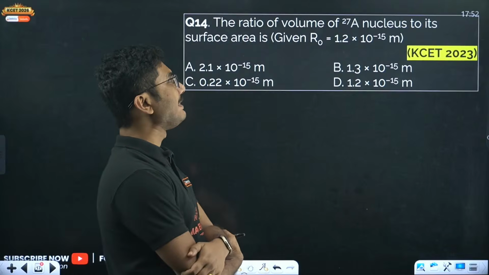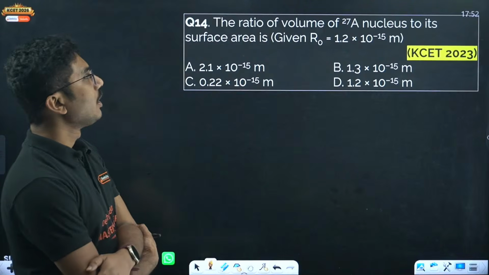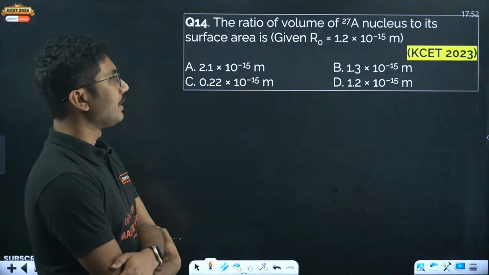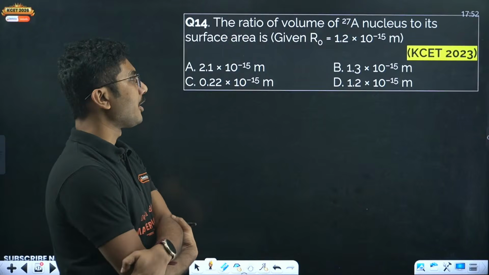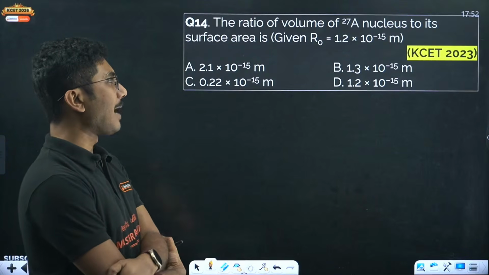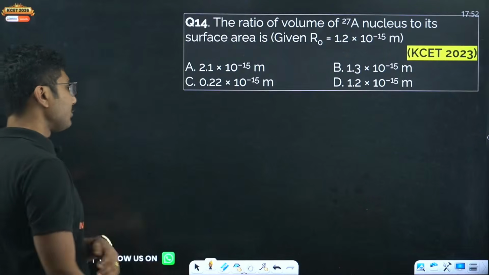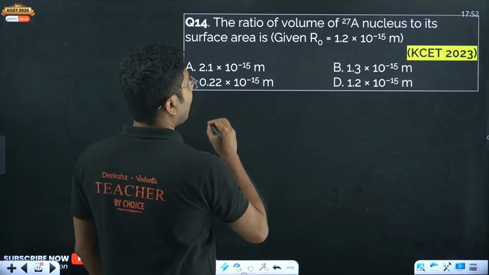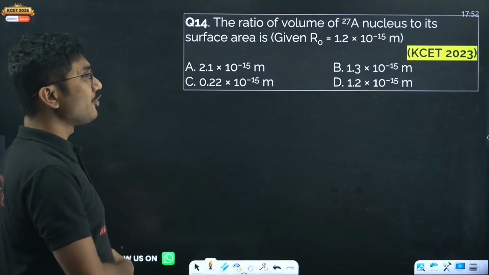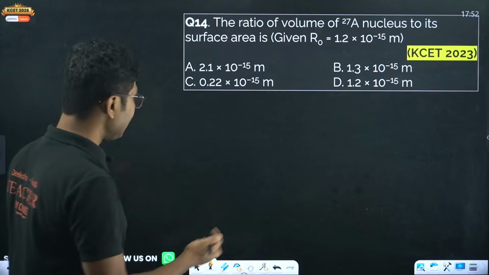The ratio of volume of a 27A nucleus to its surface area, given R naught is 1.2 times 10 to the power of minus 15 meter. Very interesting.